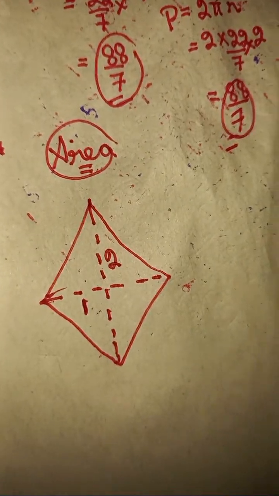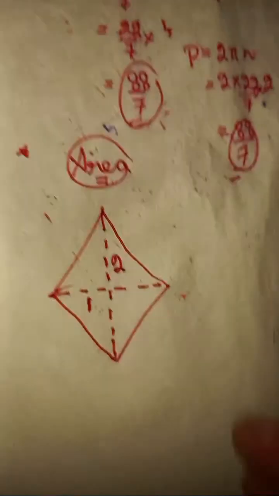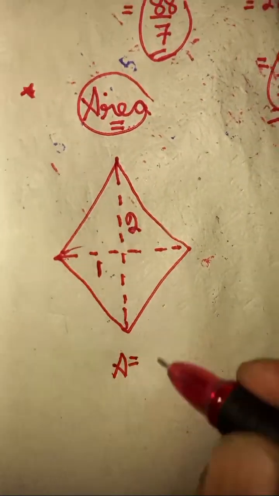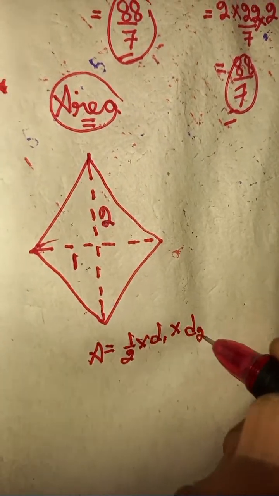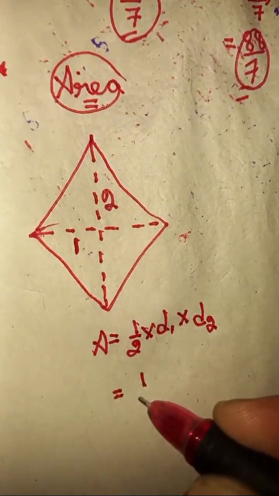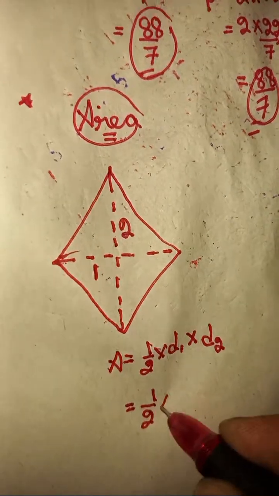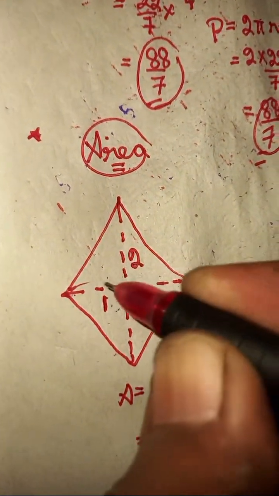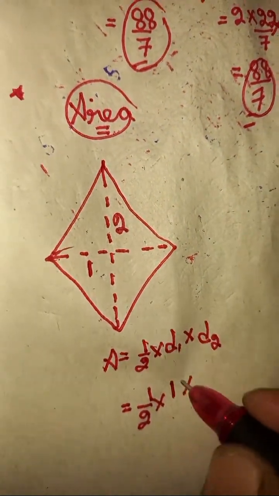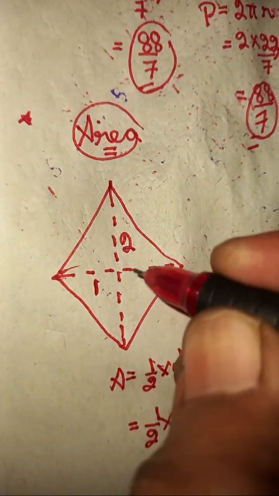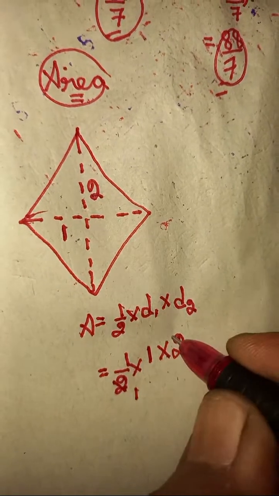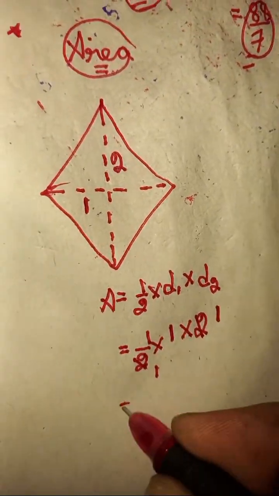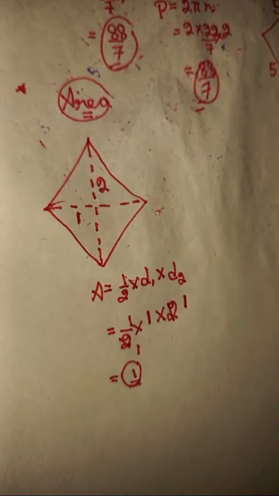Now area of rhombus you can find like this, that is, area of rhombus as half times of diagonal 1 times of diagonal 2. That means half times of diagonal 1, which is 1 unit, times of diagonal 2, which is 2 units. You can divide 2 by 2, 1 time, so this becomes 1 square unit.